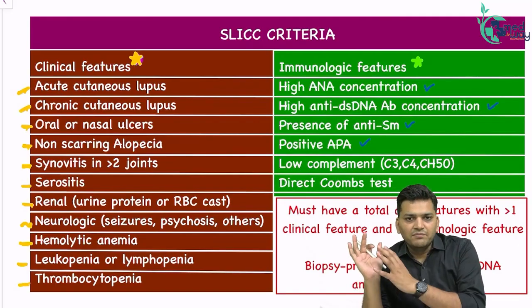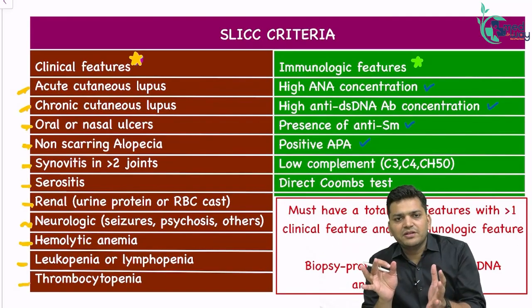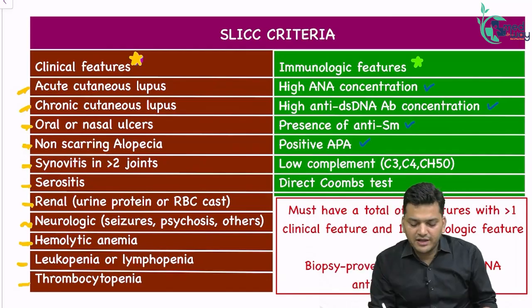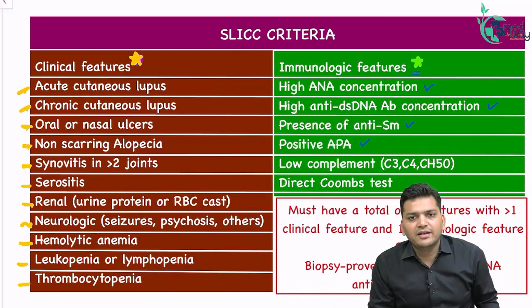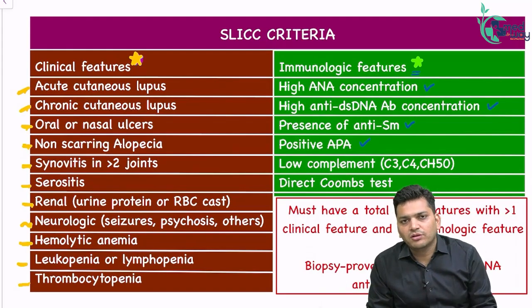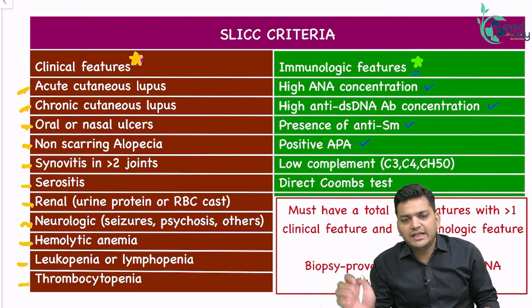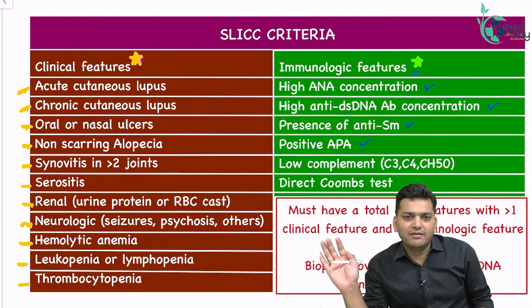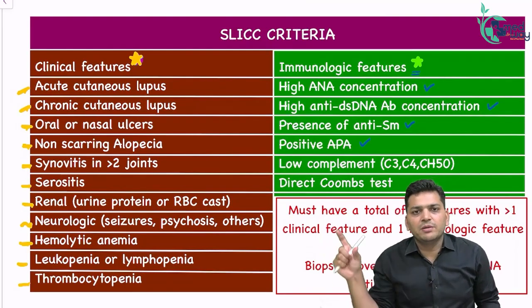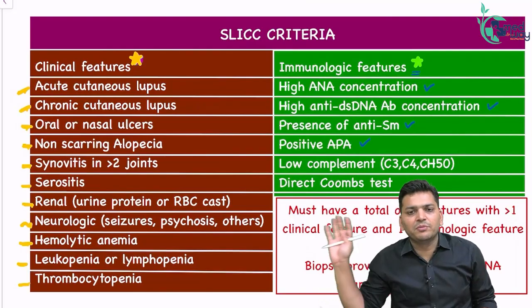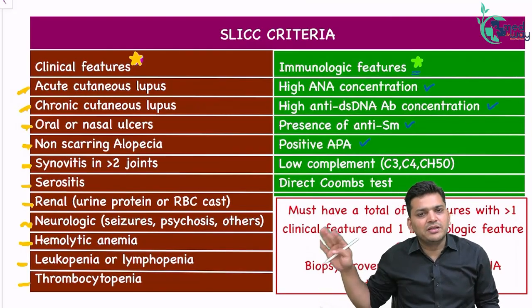So these are the antibodies that you are going to search for, or the complement deficiency. There will be some features from the clinical side and some features from the immunological side, and the sum of them should be more than 4. But it is mandatory that at least one should come from each side. It should not be like all 4 are coming from one side. No, at least one should be from each side, right? Maybe 2 and 2, maybe 3 plus 1.